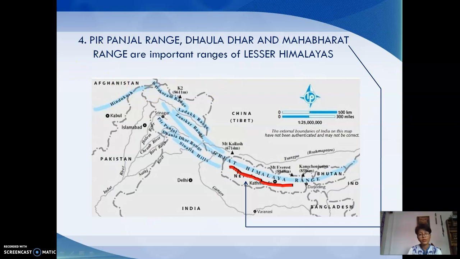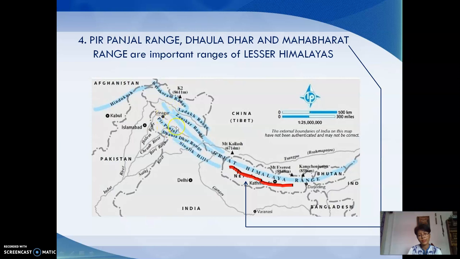Now, some of the important ranges which lie over lesser Himalaya are the Pir Panjal range, Dhauladhar and Mahabharat range. Now you see Pir Panjal. This is the position of Pir Panjal range, I'm showing over the map.